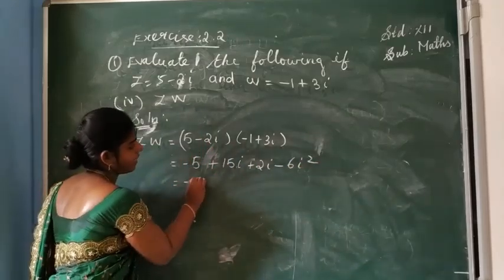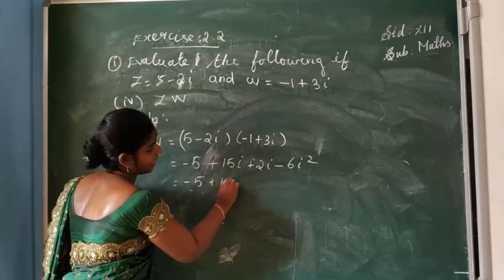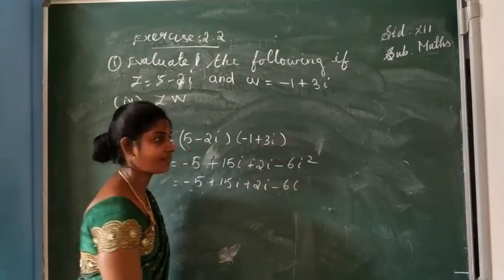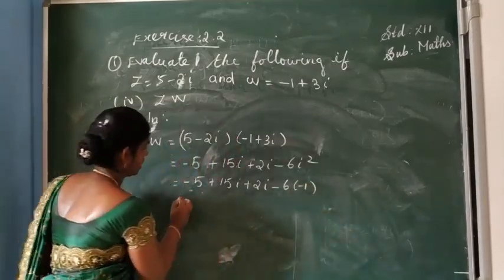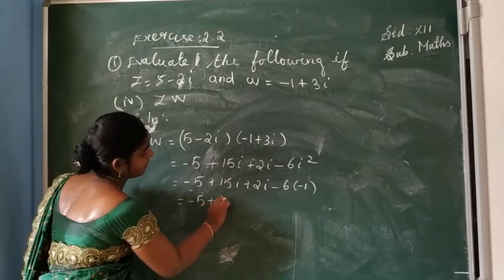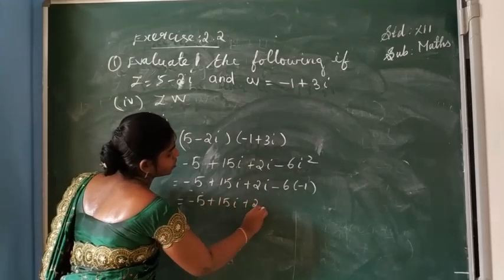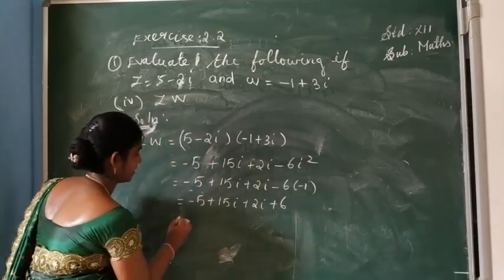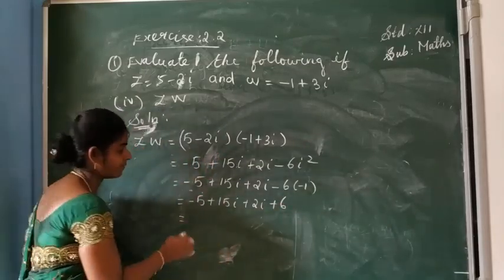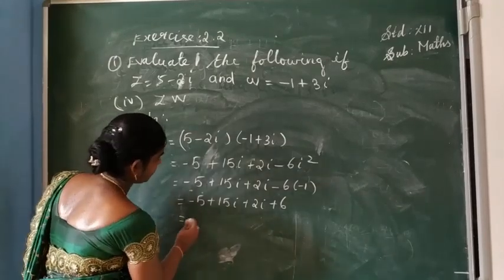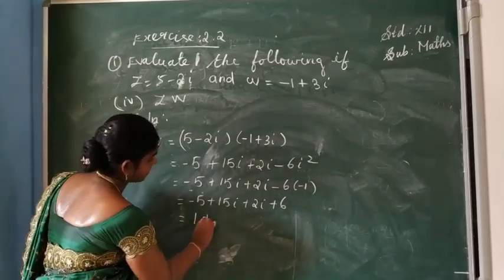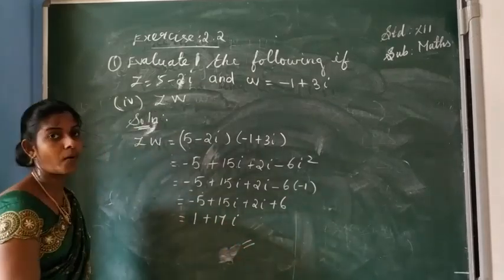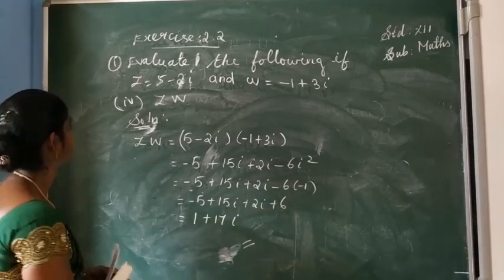That's equal to minus 5 plus 15i plus 2i minus 6 into i square, the value is minus 1. Minus 1 equal to minus 5 plus 15i plus 2i minus into minus plus 6. That's equal to 6 minus 5, the value is 1 plus 17i. So the answer is 1 plus 17i.